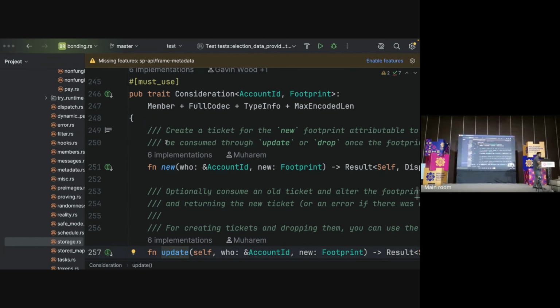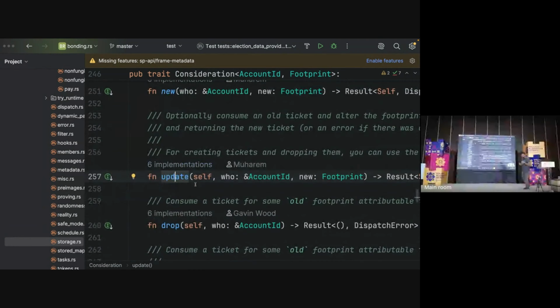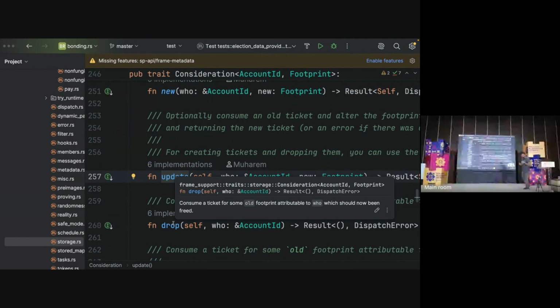You keep this in memory. You might want to update this ticket. So you will say, oh, now the new footprint is something else. That will destroy the old ticket, create a new ticket, give you that back, or you can drop it. And all the hold and freeze things that you saw, like you set hold, you release hold, you put some reason, all these are abstracted. What you do is new, update, drop, and internally all these things are taken care of for you.